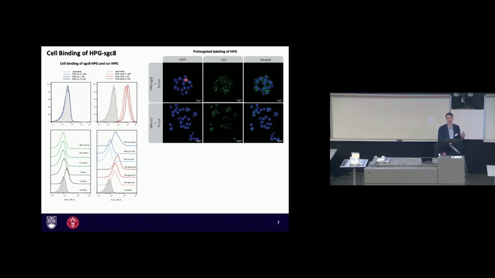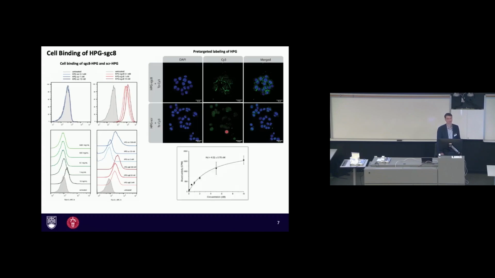We let it incubate, and then add in a second step a tetrazine functionalized with a fluorophore, Cy3 in this case. We really see some nice extracellular membrane staining of HBG-SGC8, but not for the scrambled version, confirming that we have specific binding to this extracellular target.